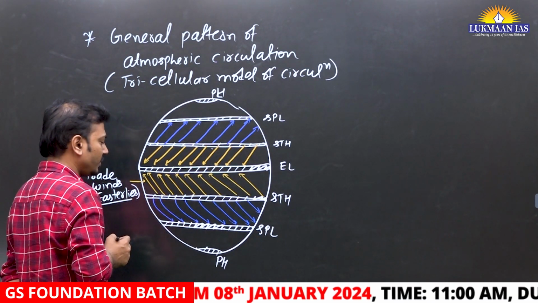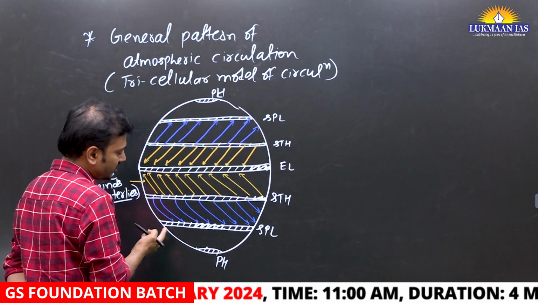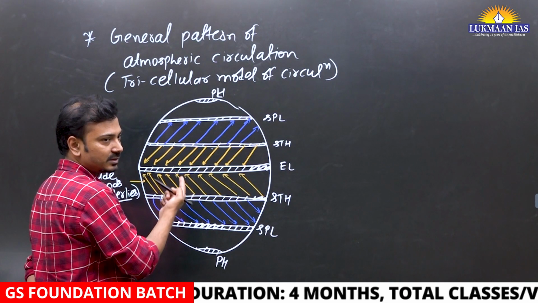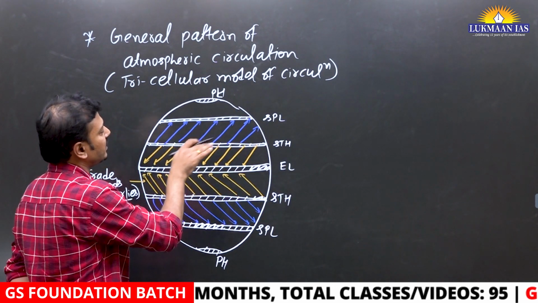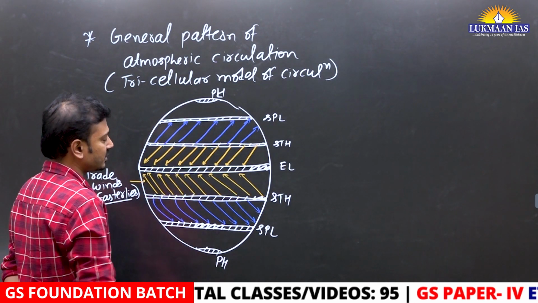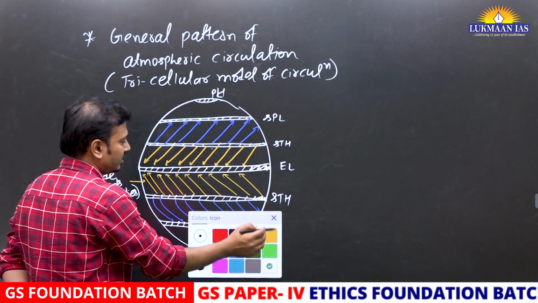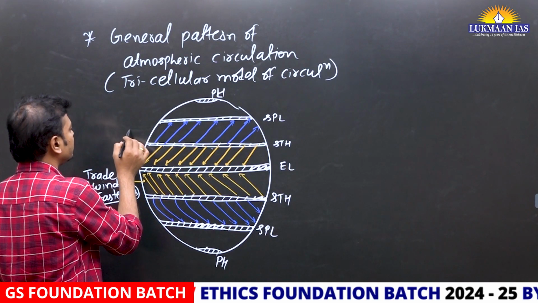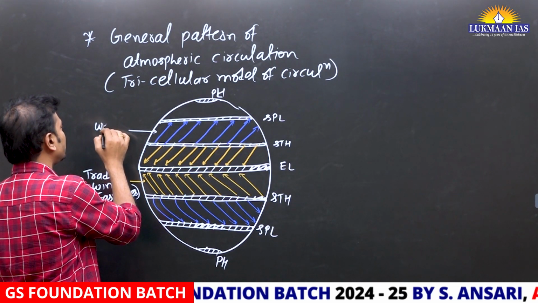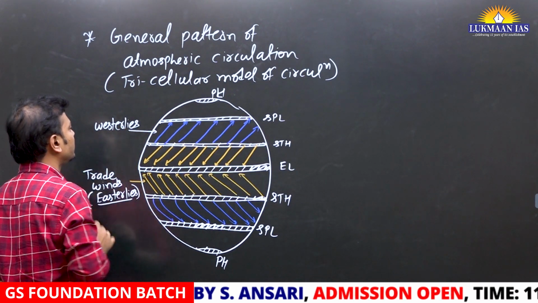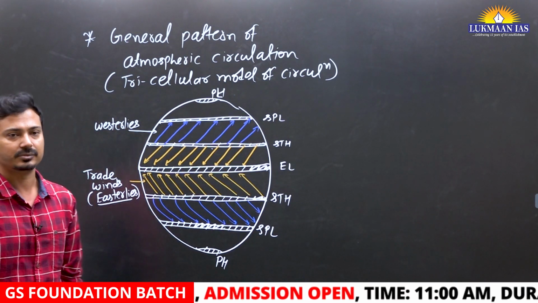Why? Because the Coriolis effect is more from the equator to the poles. This deflection is more as compared to trade winds. While drawing, you can show more deflection like this. Okay, so we can name them westerlies. These are called westerlies. As they originate from the west, they move from west to east. That's why the name westerlies.